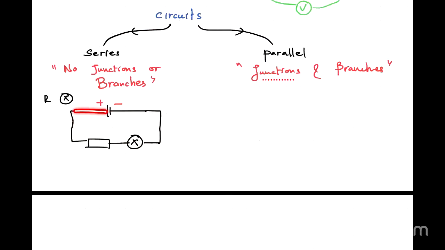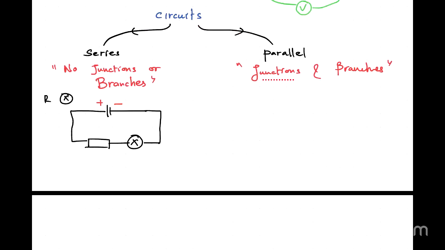In this path, you can see there are no junctions. These places are considered to be bends. It's just a bend, there's no junction. It's not divided. Therefore, this can be considered a single path, just a single way. So no junctions, no branches, and therefore this is considered to be a series circuit.